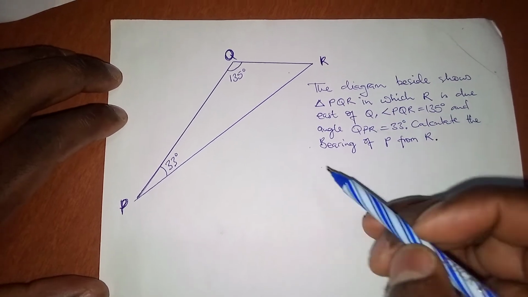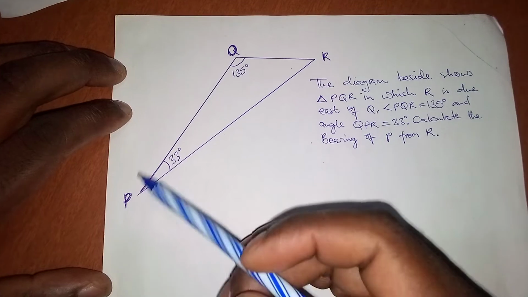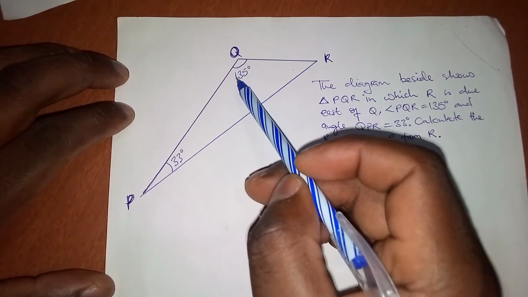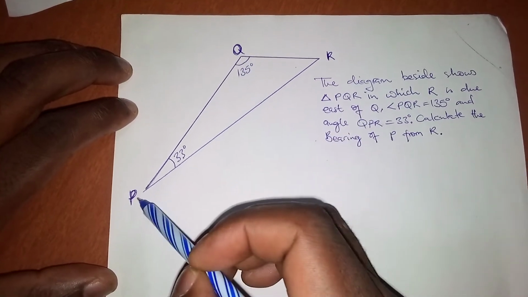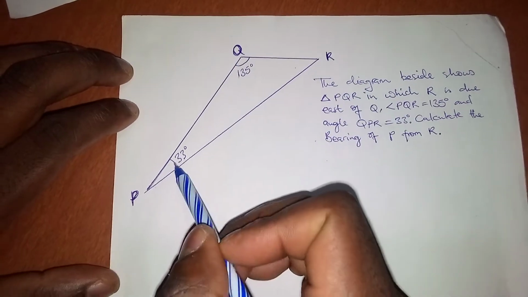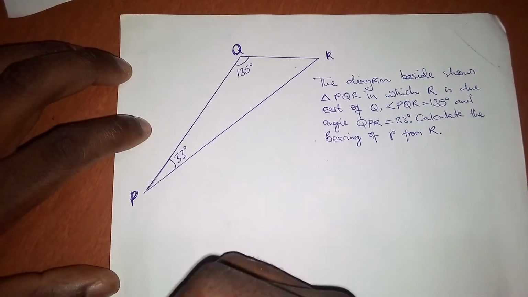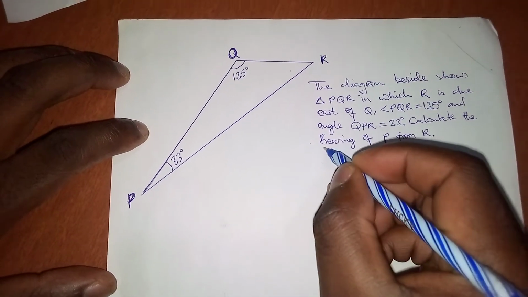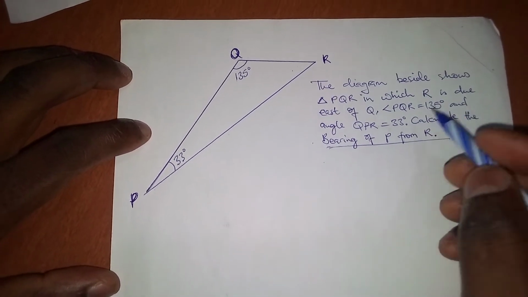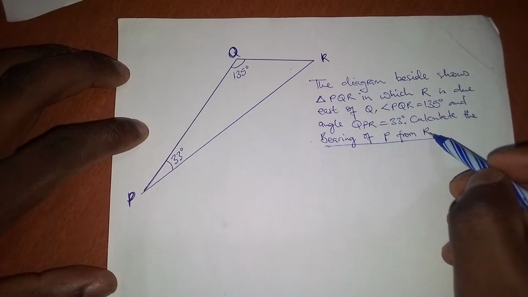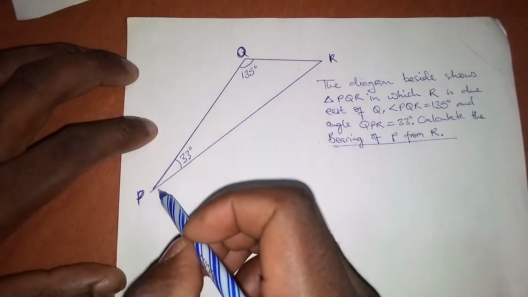So we've been told that we have a triangle PQR, with angle PQR having an angle of 135 degrees and angle QPR having an angle of 33 degrees. Now the question is saying let's find the bearing of P from R. On our diagram, we can see that P is right here.